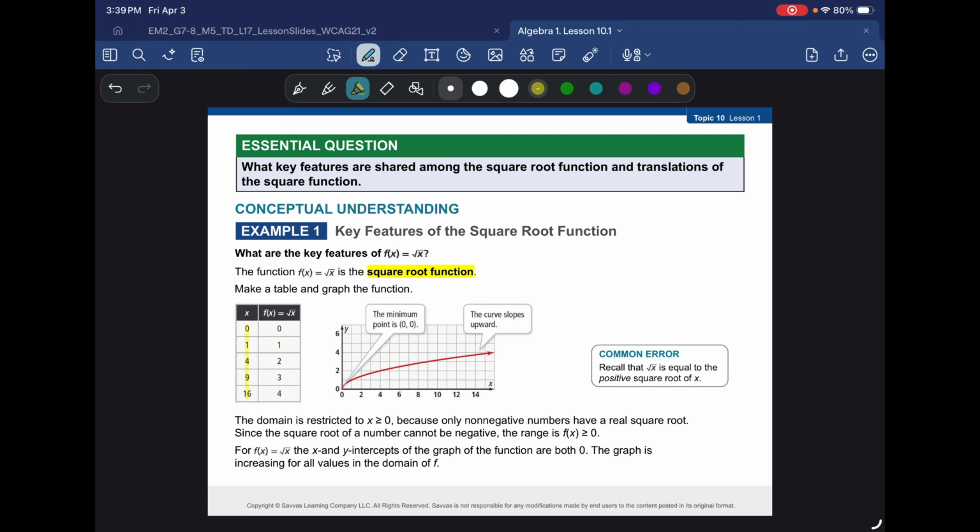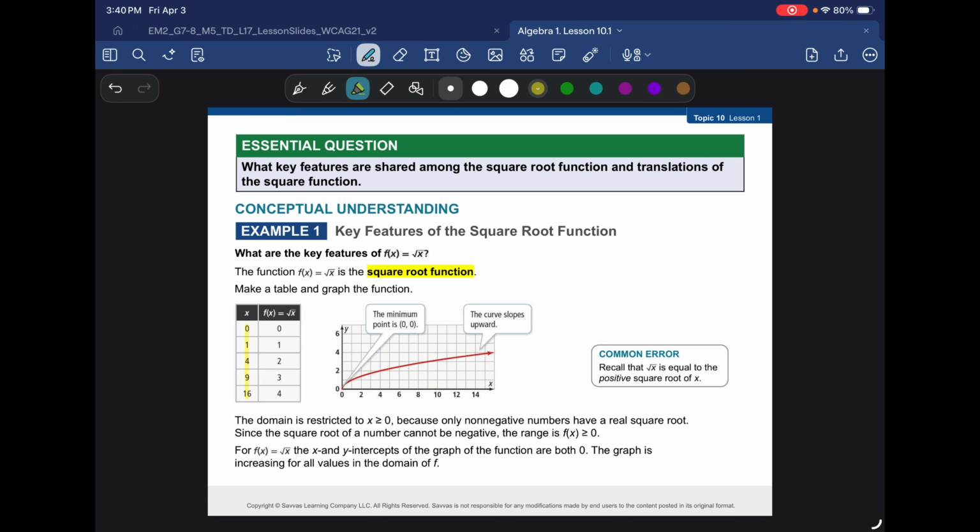The domain is restricted to x greater than or equal to 0, because we can't have a real square root of a negative number. If you take a square root of a number, we have to have only positive inputs.